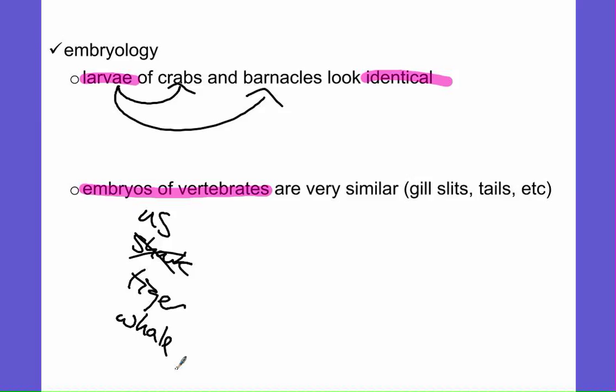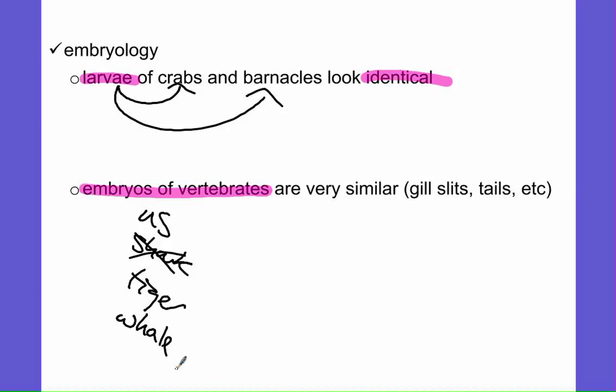related to each other. Do we think that all vertebrates are as closely related as crabs and barnacles are? Probably not. Right? Those things are not vertebrates, so they don't get jumped into this group. But I'm pretty sure that a crab and a barnacle are more closely related than us and a shark, and us and a tiger, and us and a whale.